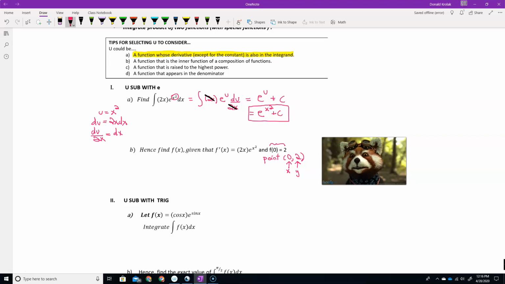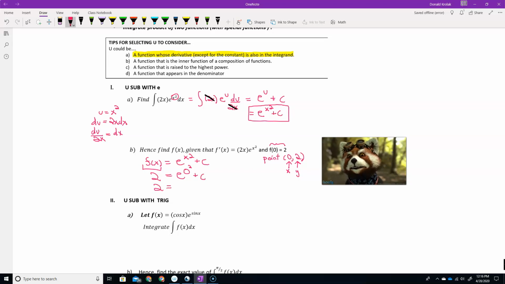All right, so my antiderivative is... okay, so for this, I plug in 2. For x, I put in a 0. And now I can solve for c.